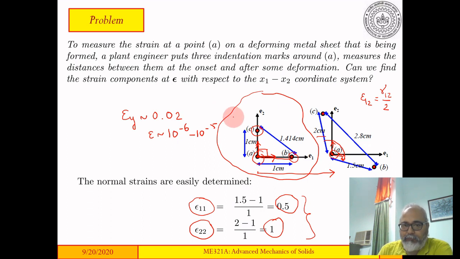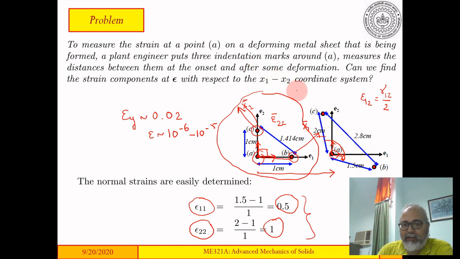So, for example, if I orient an axis along this direction, let's call it x1 bar and let's call it x2 bar, then I actually know epsilon 2 bar. How? Because I can take a line which is initially oriented along the 2 bar axis, and its changed length is known to me.